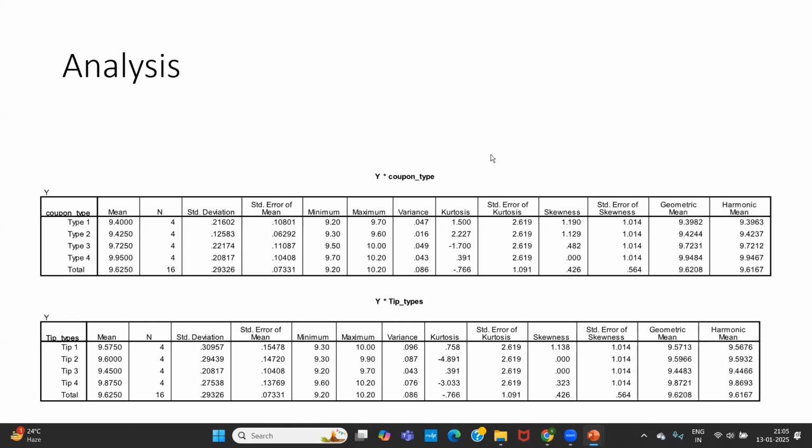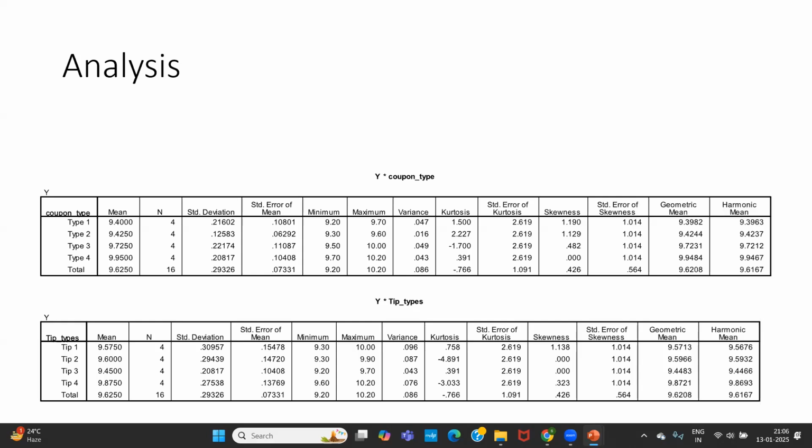It tells the variance. After taking the square root of variance, it gives you the standard deviation. And standard deviation divided by the square root of the number of observations gives you the standard error of mean. And minimum and maximum, from the observations you know which one is the minimum and which one is the maximum.